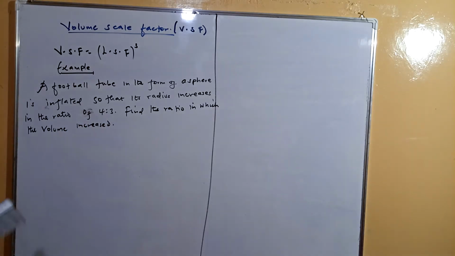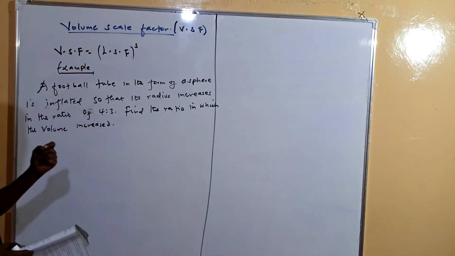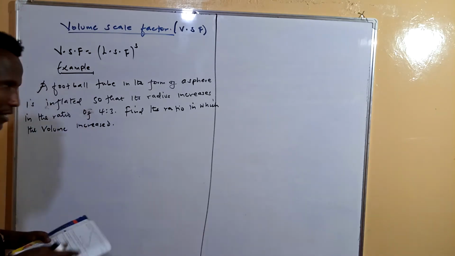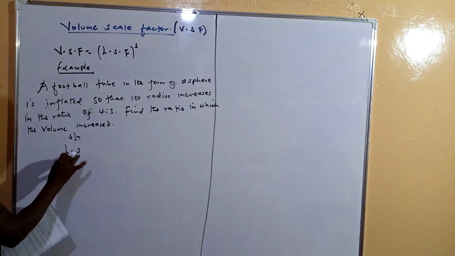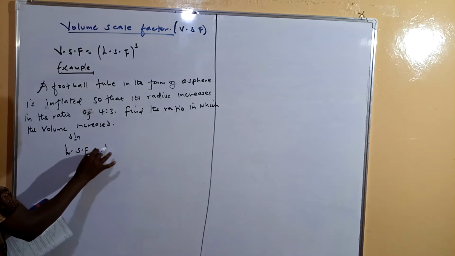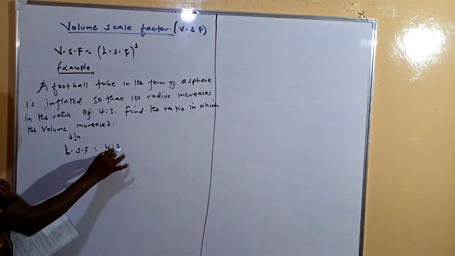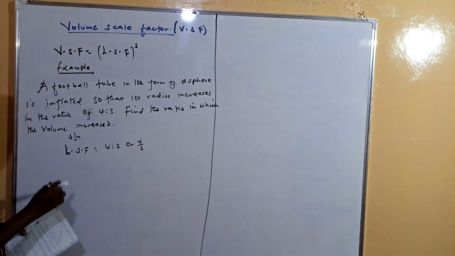Now, when I want to solve a question of this kind, if a ratio is given, that's the linear scale factor. So we are going to say: linear scale factor is equal to 4 to 3, or 4 out of 3 in fraction form.